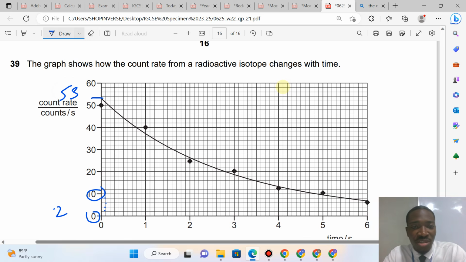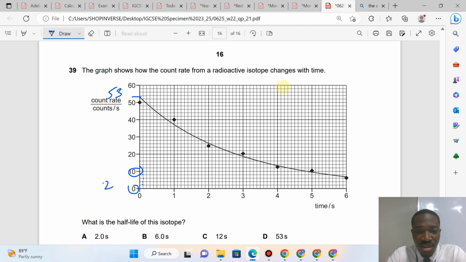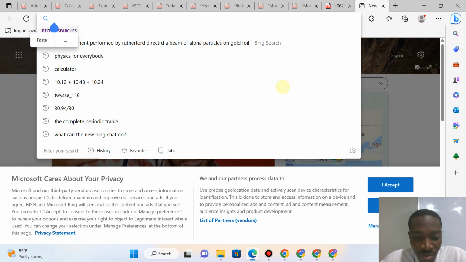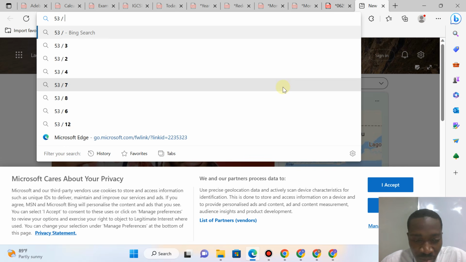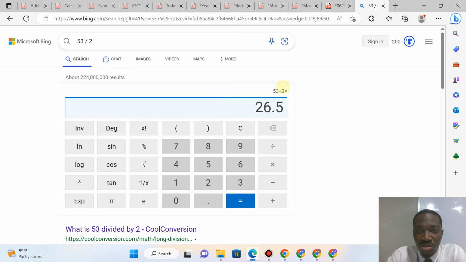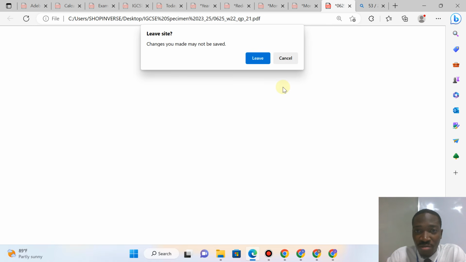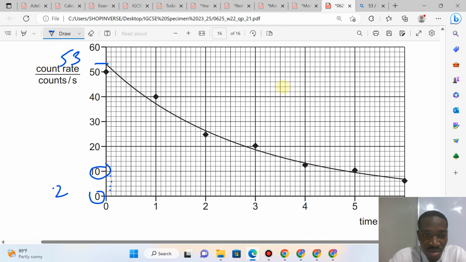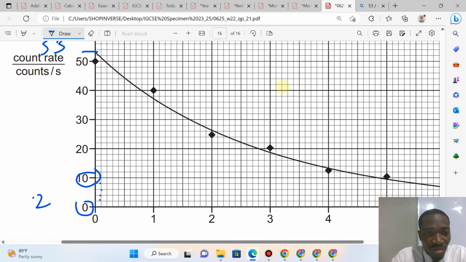So half of 53, 53 divided by 2, that will give us 26.5. So when do we have 26.5 as the count rate? Let's come back to the graph.